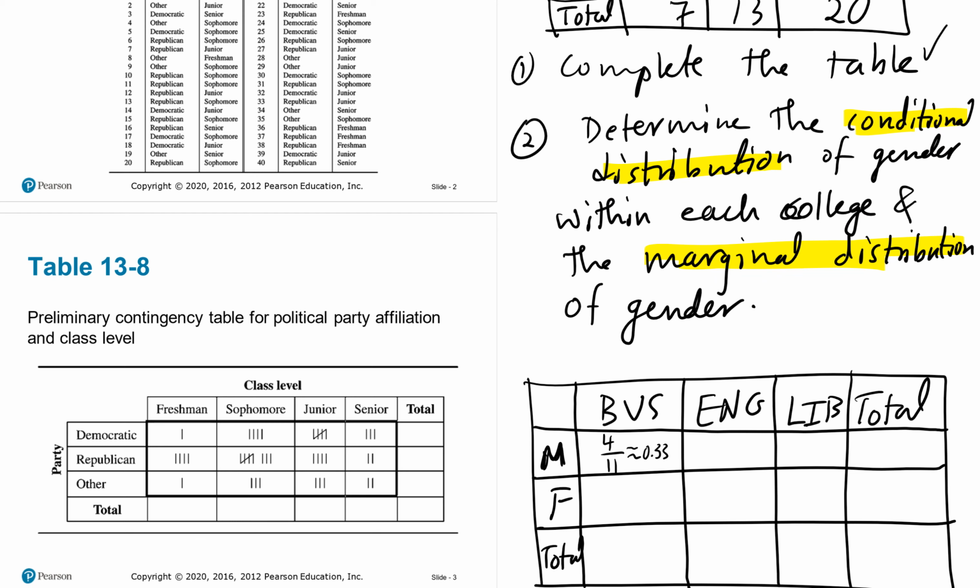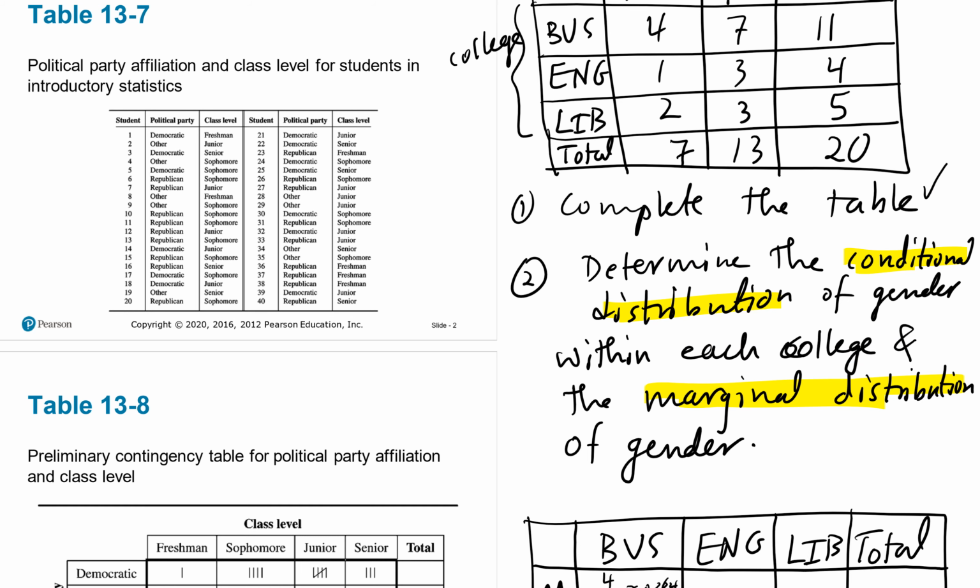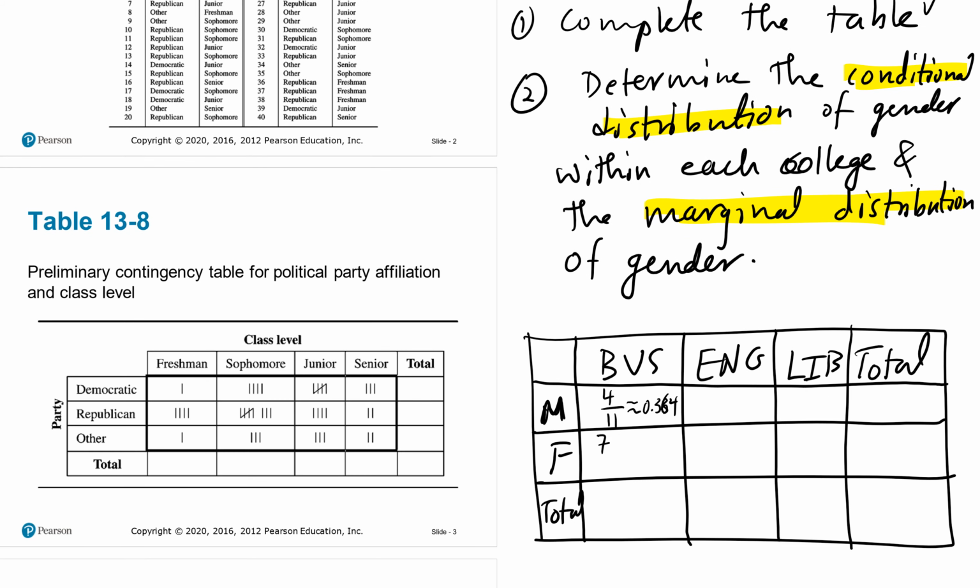So that gives us about 0.36364. For female within the business, it was 7 females divided by the same total, so that's about 0.636. Always here the total is the total in the business divided by the total, so it's always going to be 1.